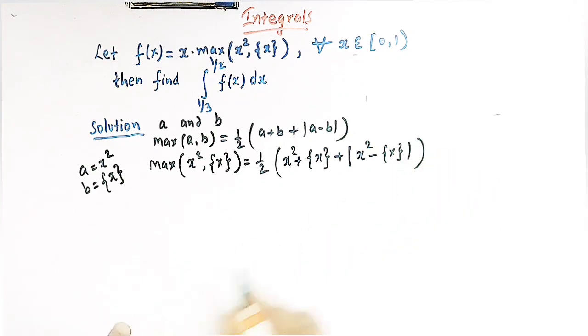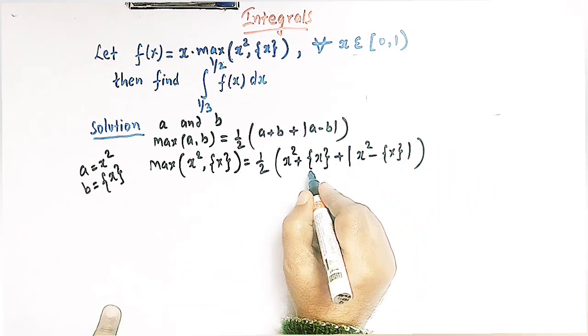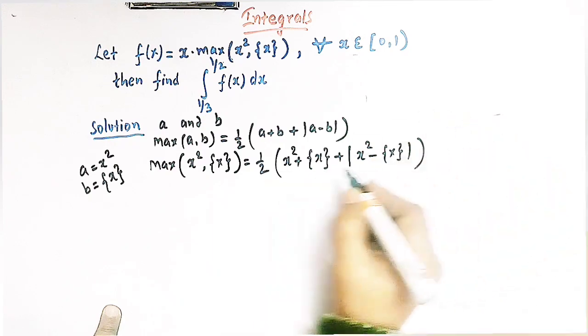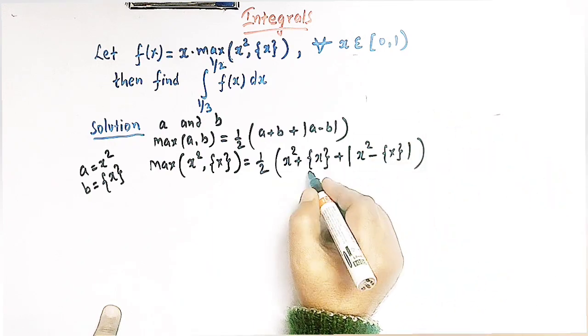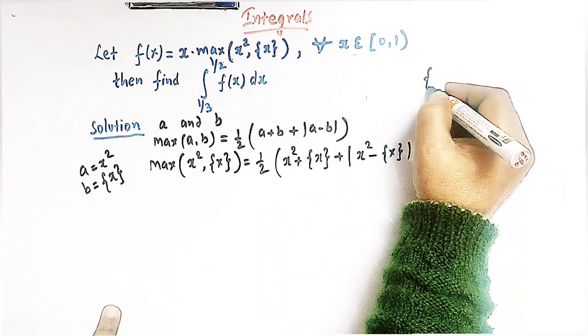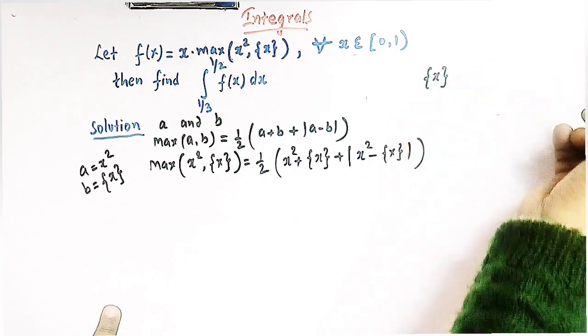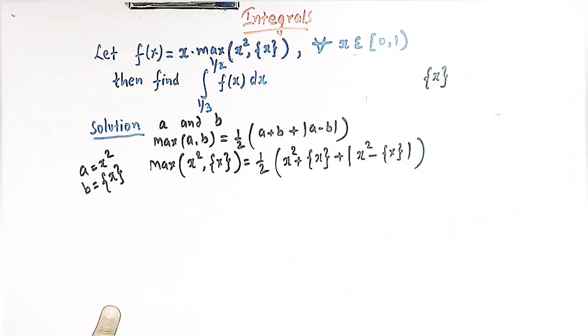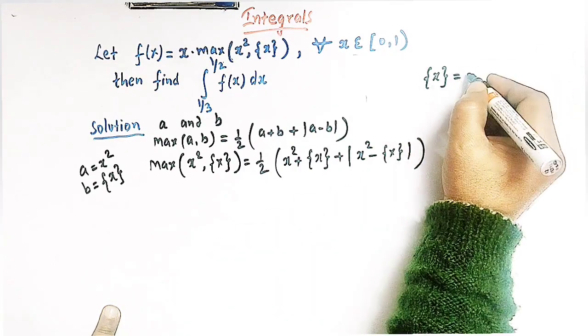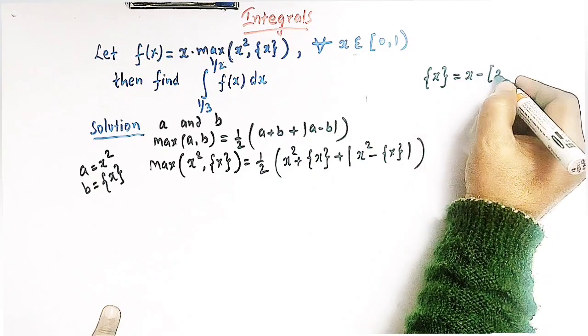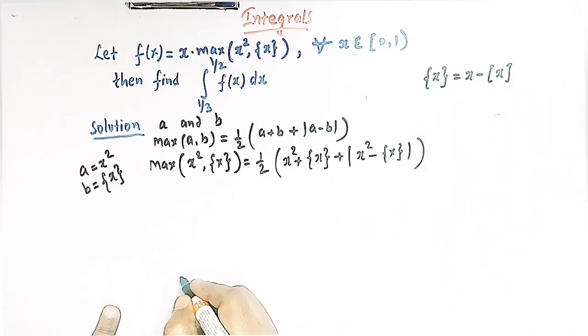Now let us utilize the definition of the fractional part of x by expressing it in terms of the greatest integer function. The fractional part of x is x minus the greatest integer of x.